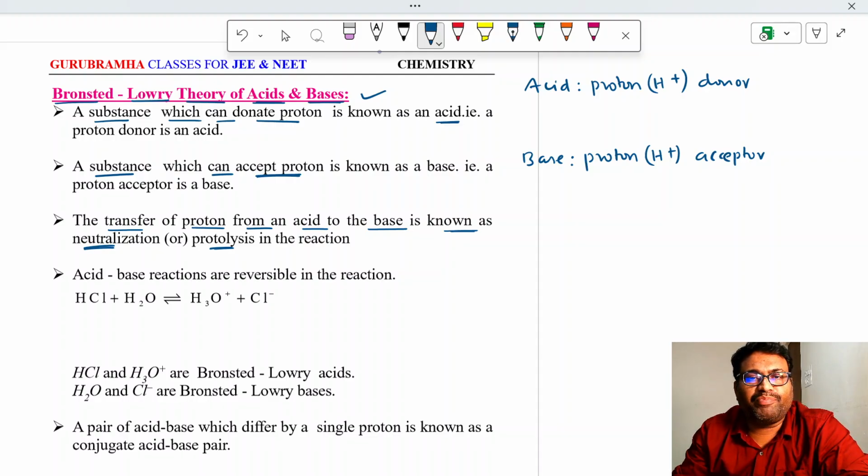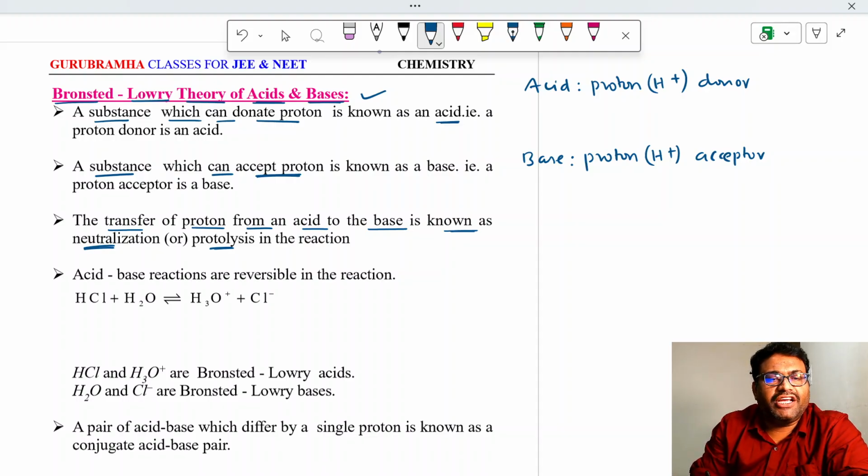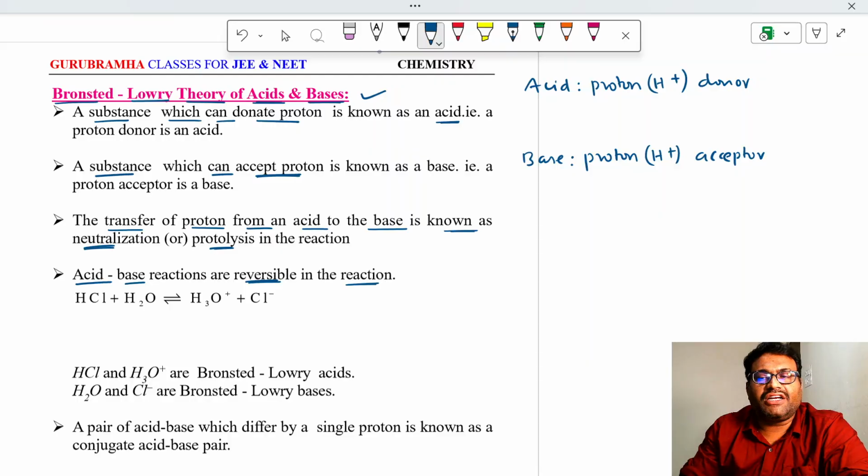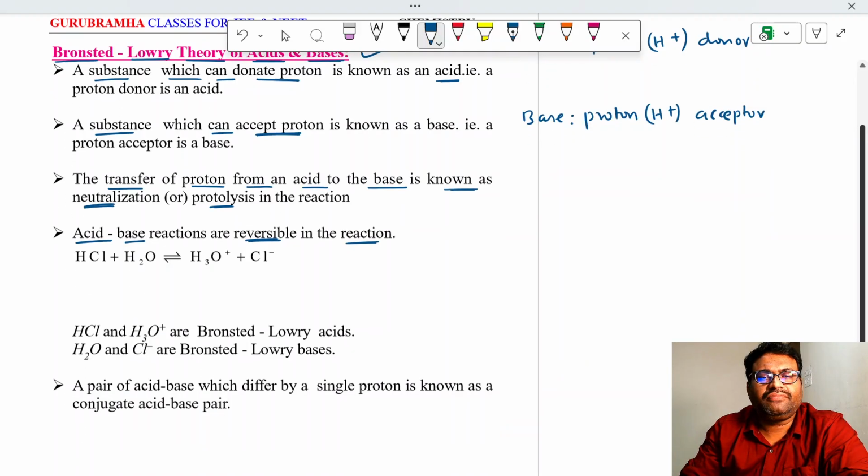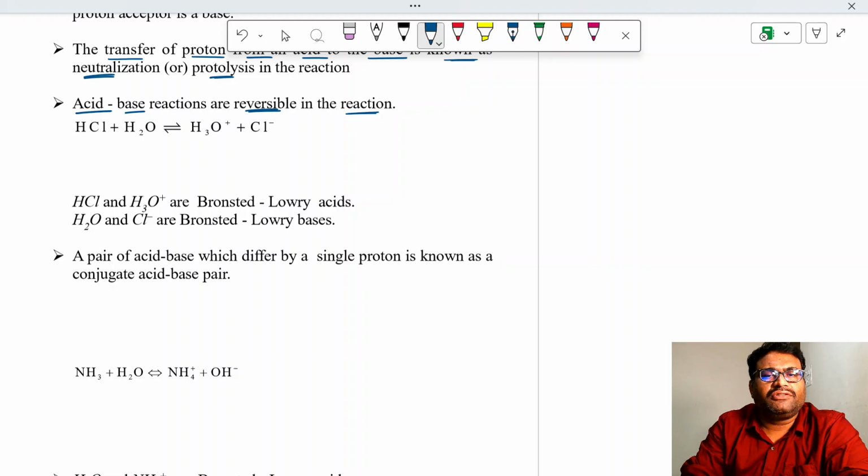The transfer of proton from acid to base is called neutralization according to Bronsted-Lowry theory, right? According to this theory, acid-base reactions are considered to be reversible.